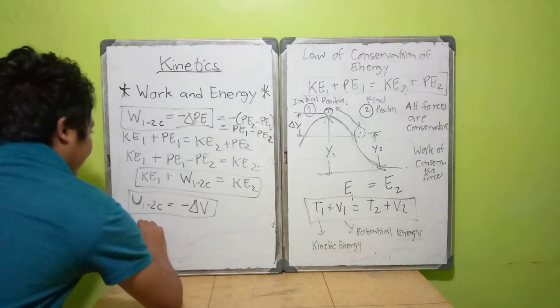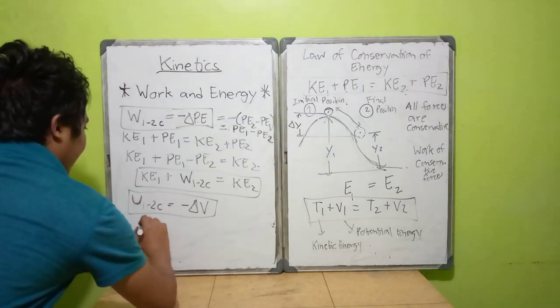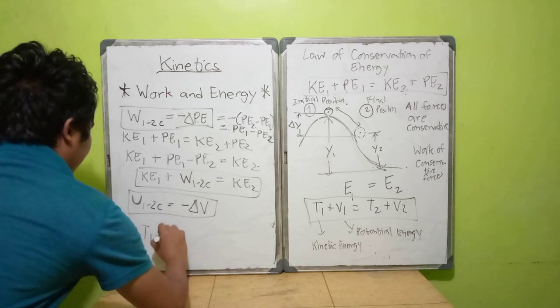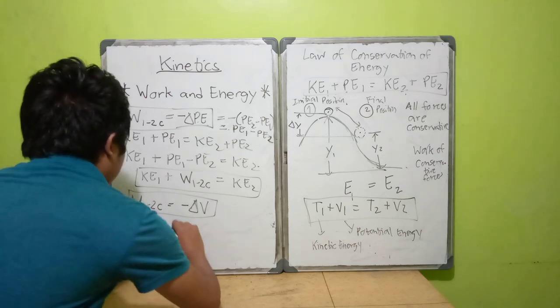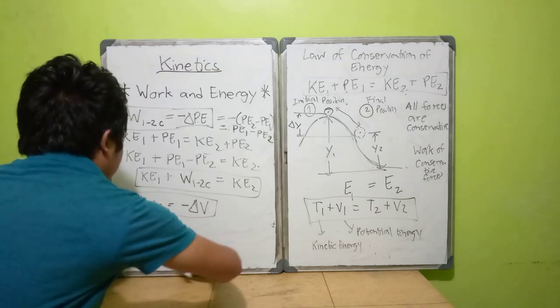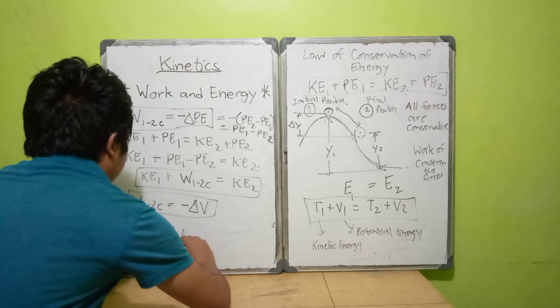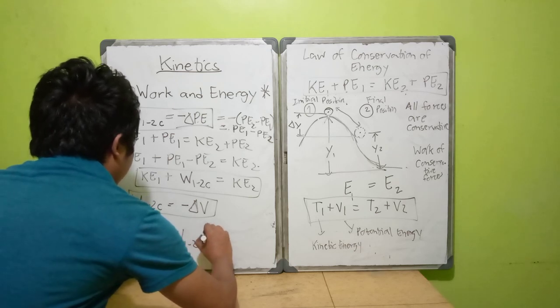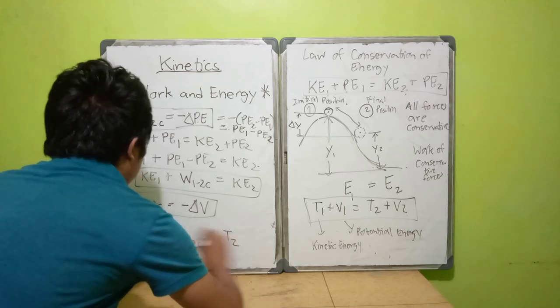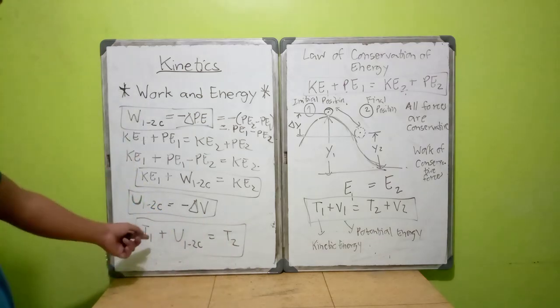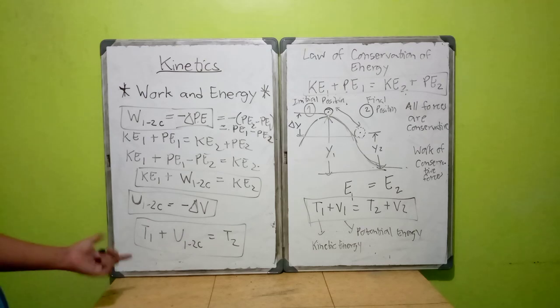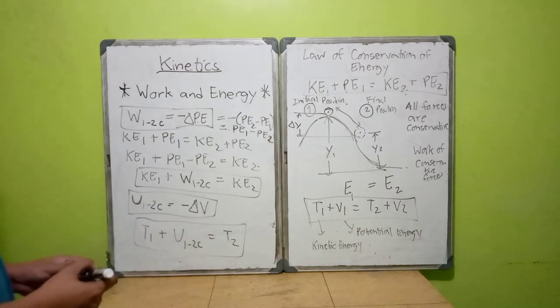So we have T1 plus the work of conservative forces, U1 2C, is equivalent to T2, where 1 is the initial position and 2 is the final position.